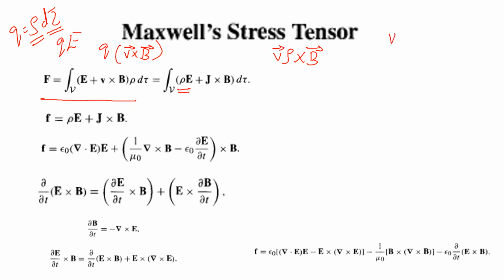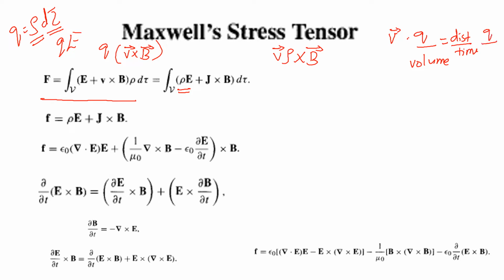Now V is the velocity, and rho is the charge density, that is actually charge over volume. But velocity is distance over time.